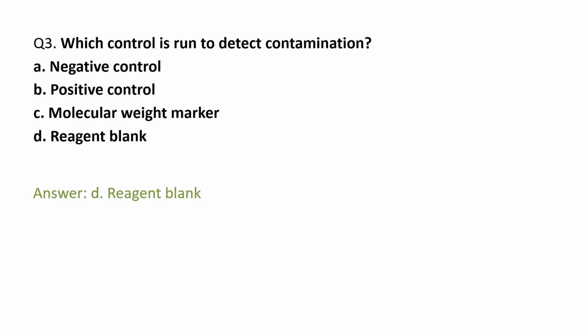If there is any contamination or DNA in the reagent, the polymerase, or whatever buffers you use, you can only check that through the reagent blank. For the purity or any background interference, you have to go for the reagent blank run.